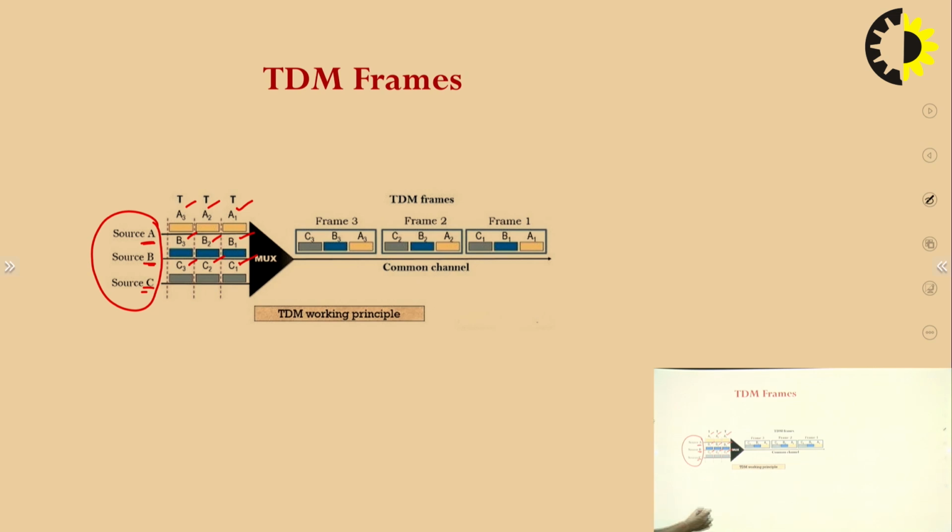Now, in frame 1, we will have one data from each of the sources: A1, B1, C1. Then in frame 2, we will have data from each of the sources A2, B2, C2, and then in the last A3, B3, C3. And these frames are transmitted over a single common channel.